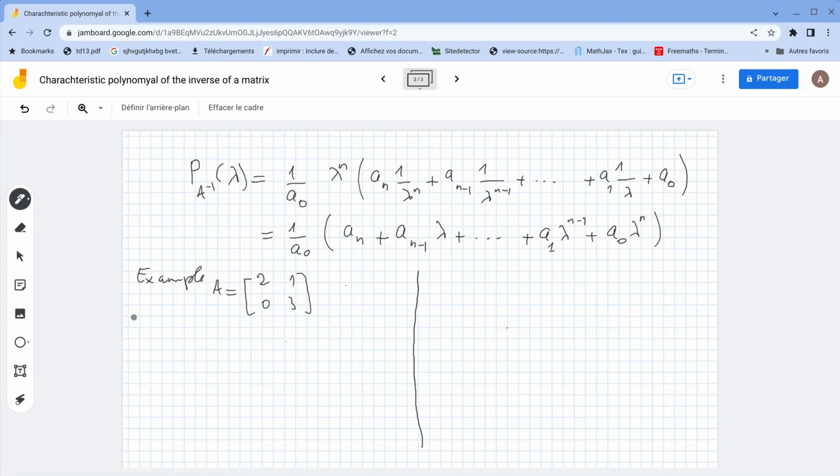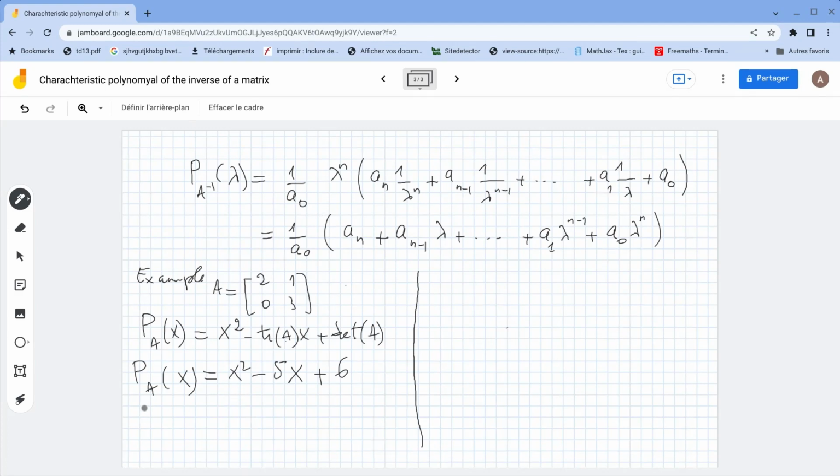I begin with the characteristic polynomial of A. I use the formula x^2 minus trace of A times x plus the determinant of A. The trace of A is the sum of the diagonal elements, 2 plus 3 is 5. Plus the determinant of A, which is 2 times 3, 6, minus 0, is 6. This is the characteristic polynomial of A.